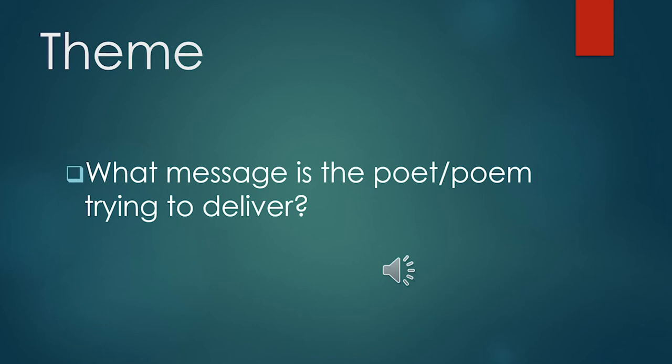What is the message that they are trying to deliver overall? Okay? So just be aware of that. Subject and topic actually used in the poem is not the theme. So for example, we'll use the storm example again. If the poet is talking about a storm in the poem, the theme is not, oh, how bad the storm was.